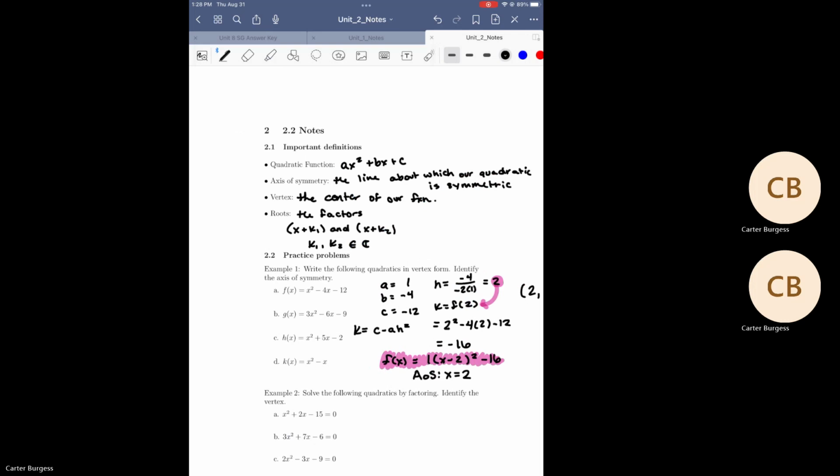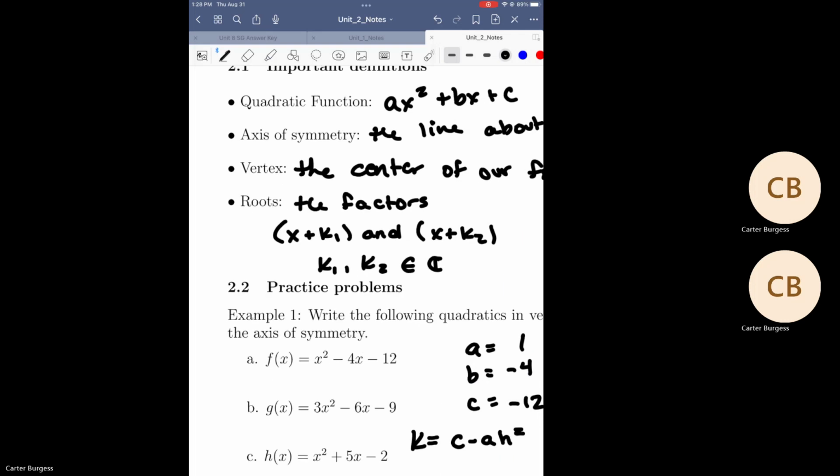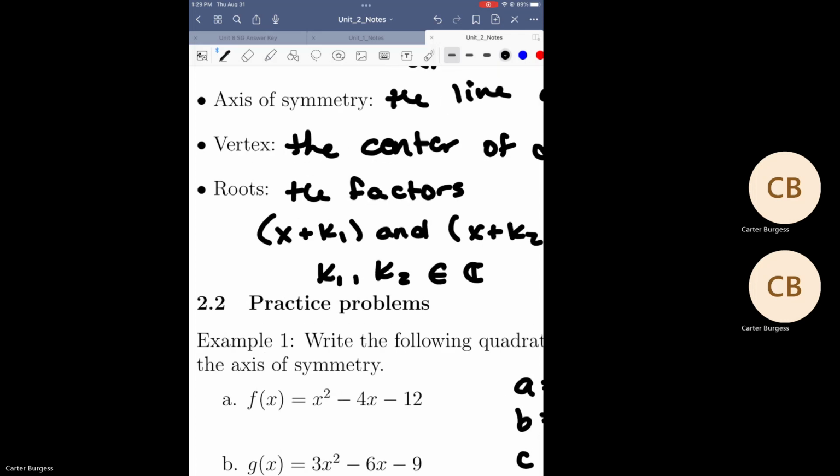A quick point that I would like to make: when we are talking about finding the roots of a quadratic and ultimately later on a polynomial, this is what we're looking for. We're looking for x plus something or x minus something, and that is the root. When we are looking for the zeros of the quadratic, it is the value of x that we would plug into a root that would make it 0. So the root is exactly what we see here.